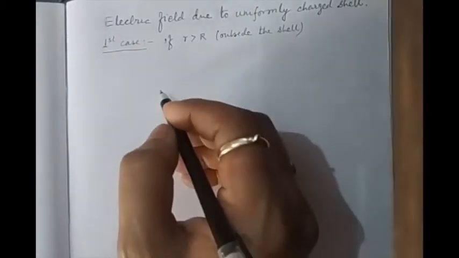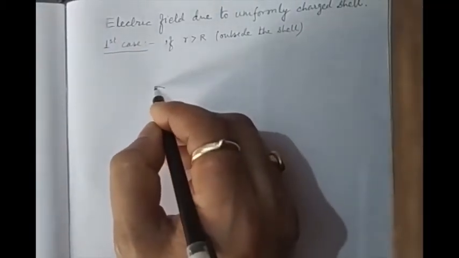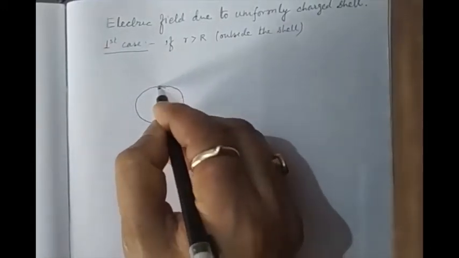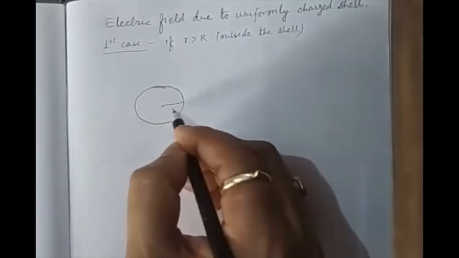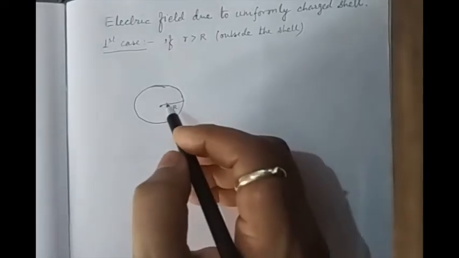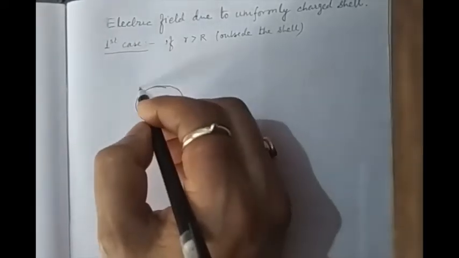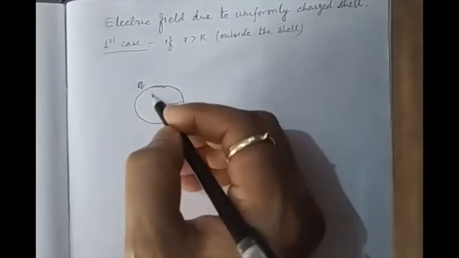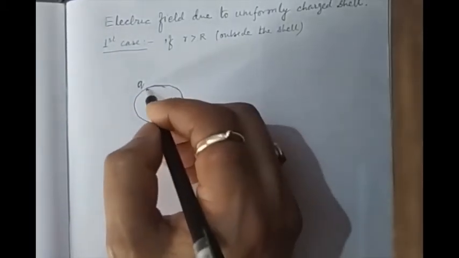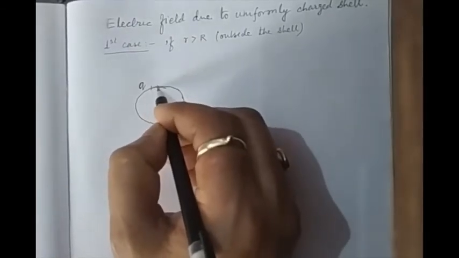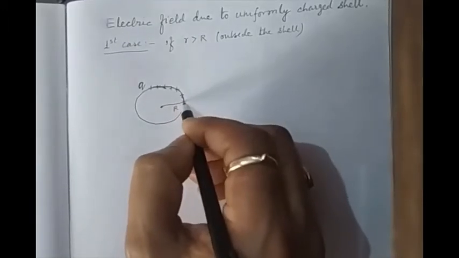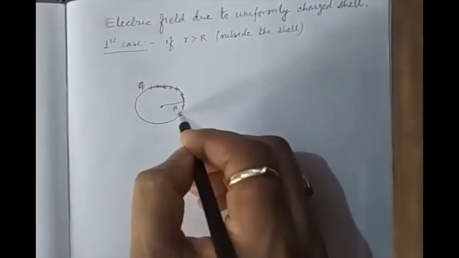Consider a hollow sphere or cell of radius capital R. The Q charge is uniformly distributed over the surface of the cell. Suppose Q is positive, so total Q charge is uniformly distributed over the surface of hollow sphere.